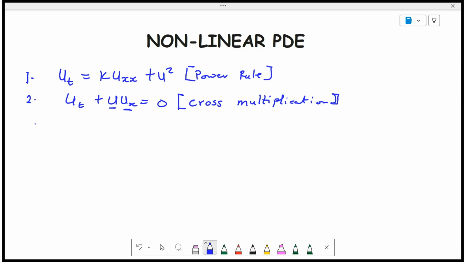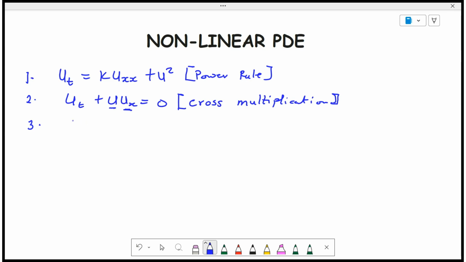And then the third one we'll consider is when there's a function like the sine function, the cosine function, the logarithmic function, and the exponential function. If it contains the unknown function, then it is also a nonlinear PDE.